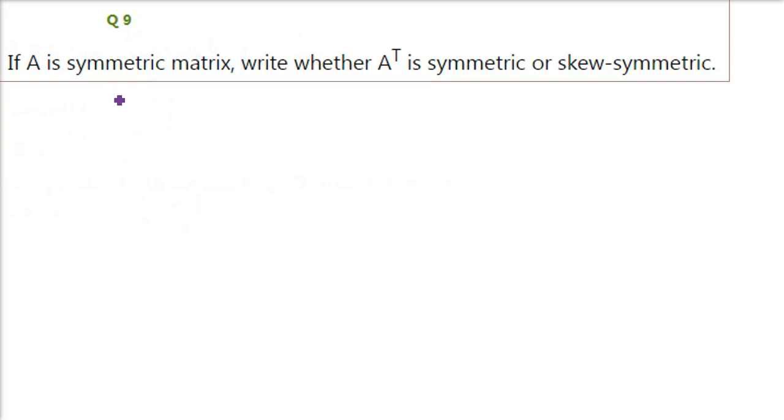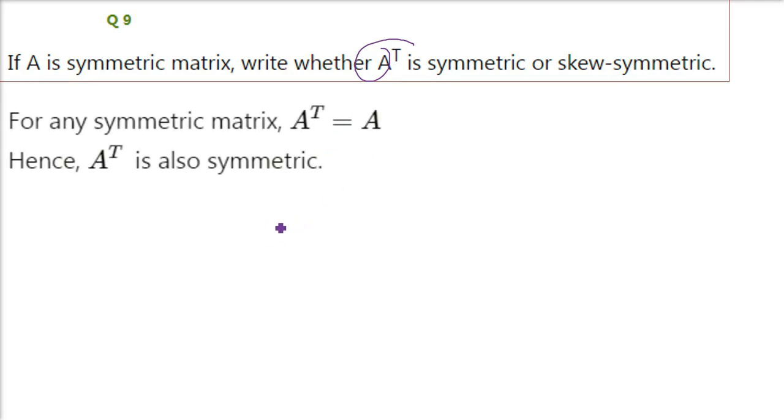If A is a symmetric matrix, write whether A transpose is symmetric or skew symmetric. So A is a symmetric matrix. Symmetric means A transpose is equal to A. So when A transpose is equal to A, then A transpose is also symmetric. Because skew symmetric simply means A transpose is equal to negative A. That is not the case here.